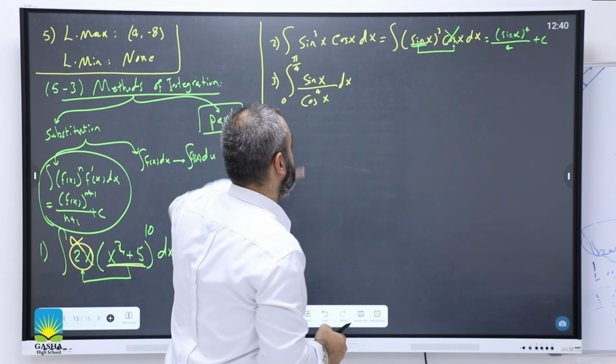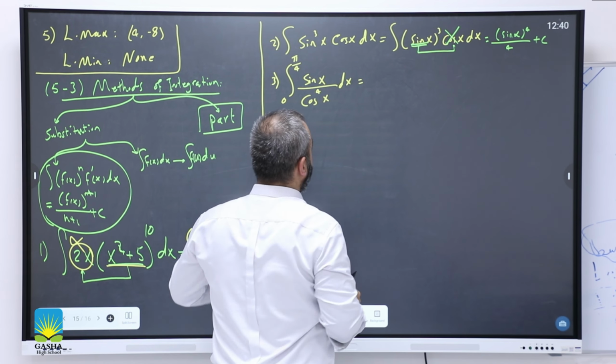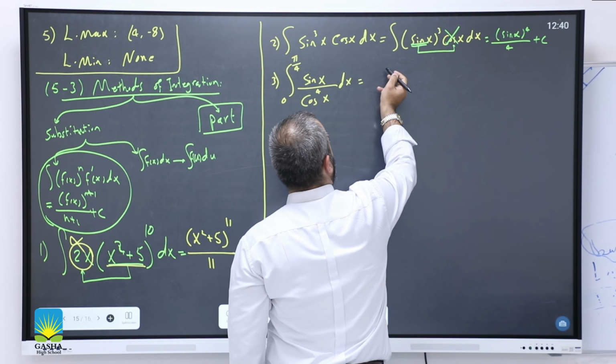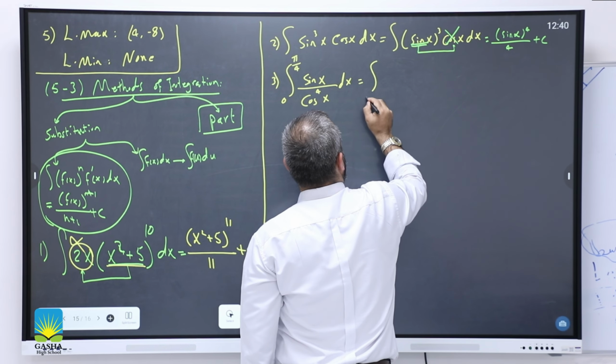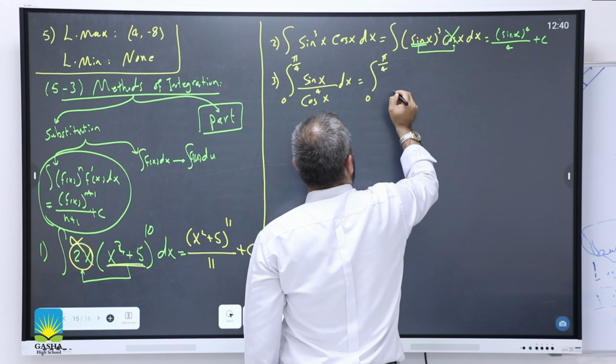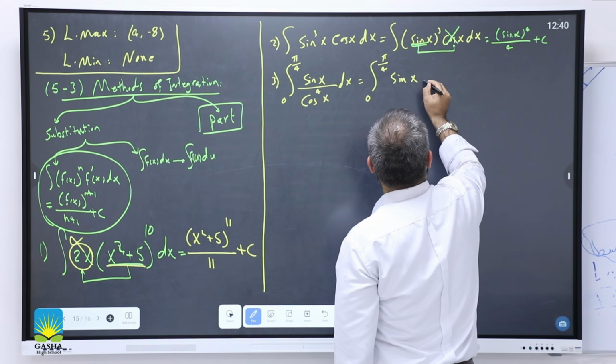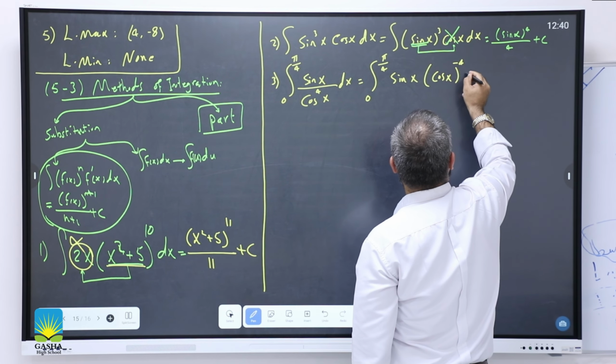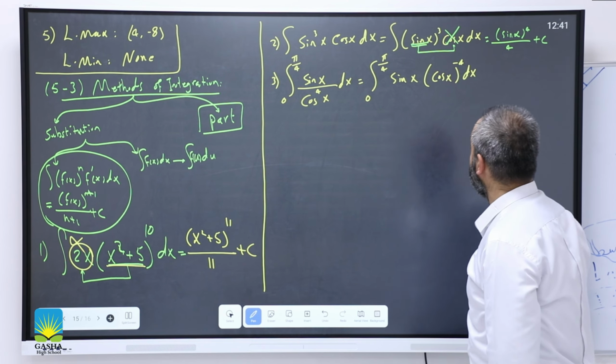So it is a definite integral. We move the cosine to the power 4 into the numerator: the integral from 0 to pi over 4 of sine x times cosine x to the power negative 4 dx, right?